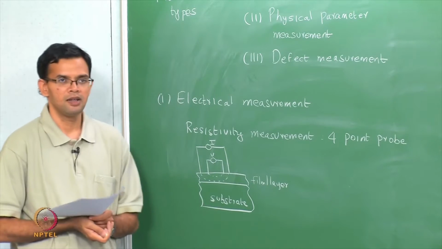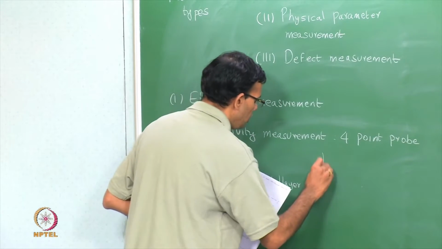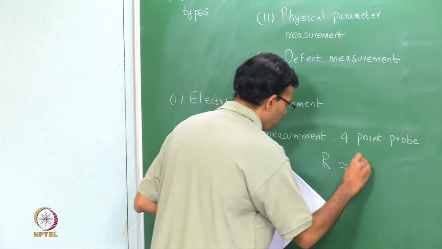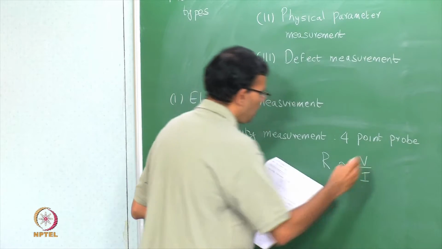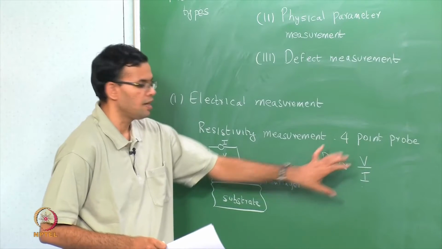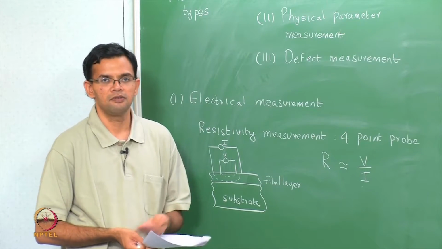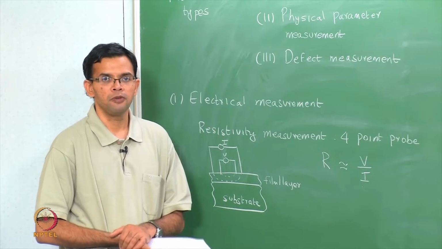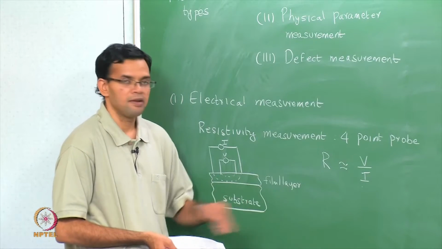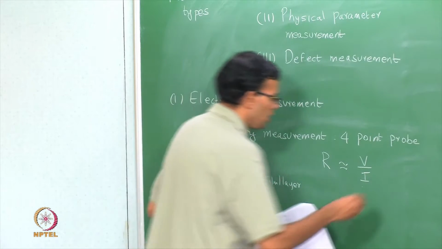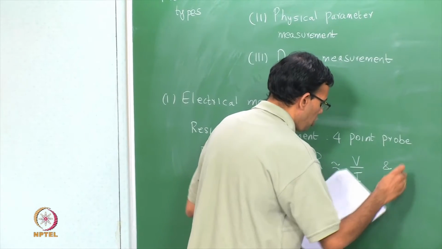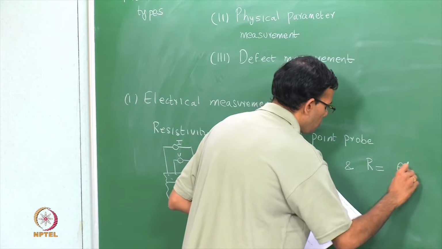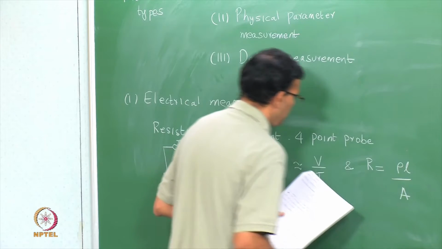So, in this particular case, the resistance of the film or the layer is approximately given by V over I. There is usually some constant term in the front, which depends upon the geometry of the 4-point probe arrangement, but typical resistance is V over I, and from the resistance you can also calculate the resistivity if you know the length of the probes and the cross sectional area.